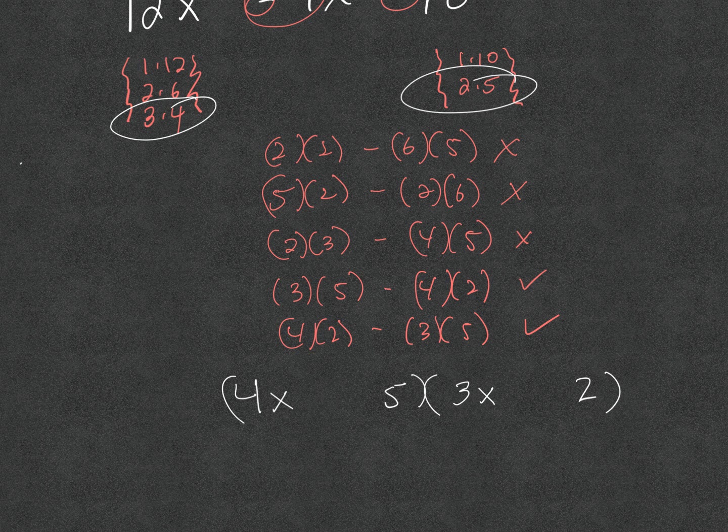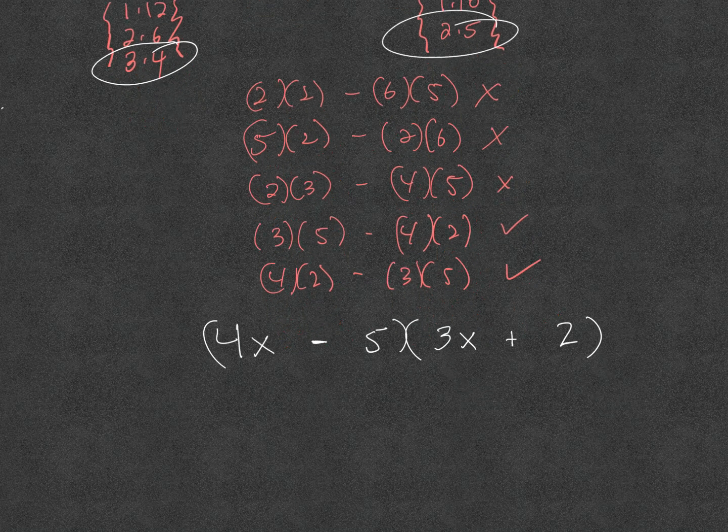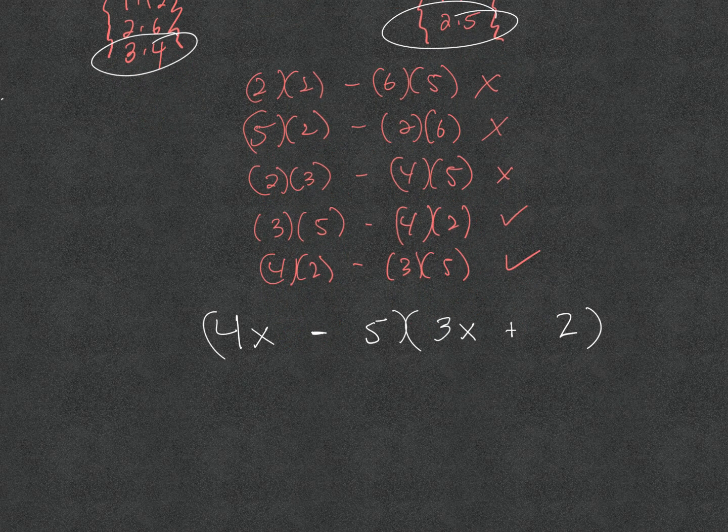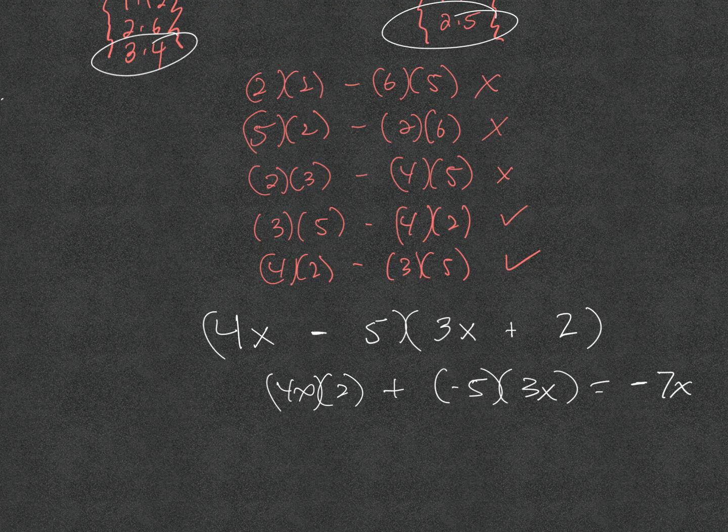Now, I know that I want the negative 15 to be bigger, right? And then the positive 8, because when I do 4x times 2, outside times outside, plus the inside times the inside, I do get negative 7x, the B term.